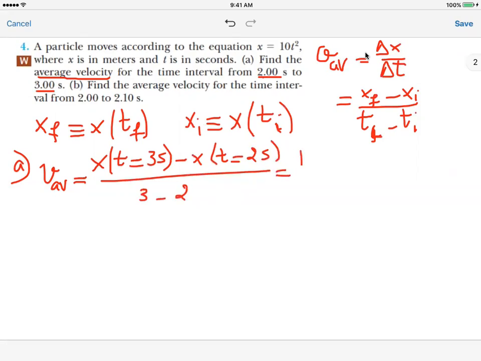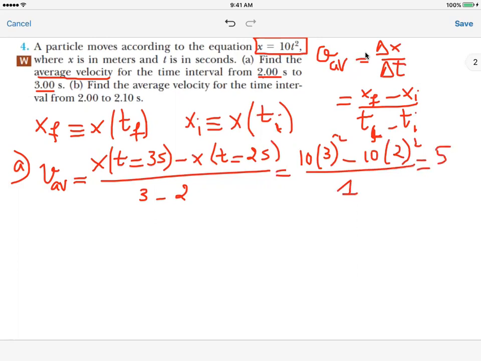So we end up with 10 times 3 squared minus 10 times 2 squared, divided by 1. x as a function of time is given by the equation they told us. And so the answer is 50 meters per second. That's the result for part A.